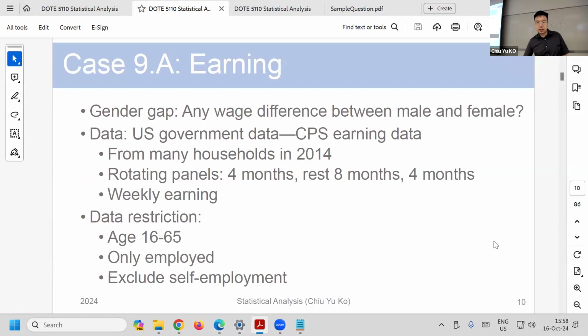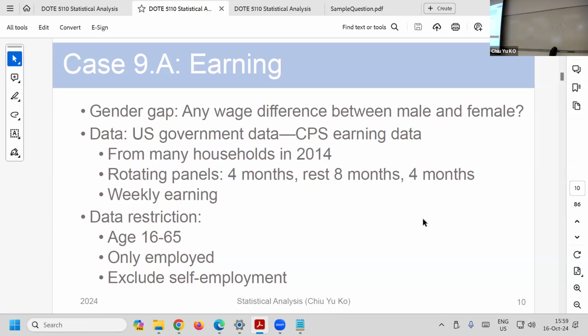So now we go to a data set. I hope that the case study helps us to see what's going on. So this is the earnings data, and I guess in the US they're obsessed with the gender gap. What they want to do is look at the government data and try to see if men and women are making different earnings.